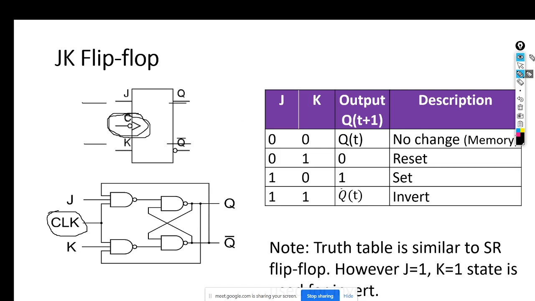But latches don't have the clock signal. Sometimes people use these words interchangeably, for example, one person might say SR latch and SR flip-flop as interchangeable names. In that case, you might see the clock signal or you may not. But typically, latches don't need a clock signal, while flip-flops need a clock signal.